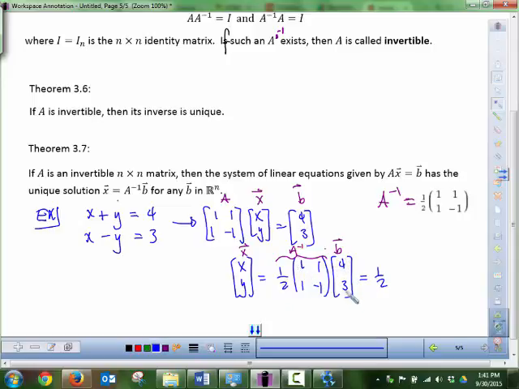So 4 plus 3 is 7. 4 minus 3 is 1, right? Did I do that right? So it looks like my answer should have been 7 halves and 1 half. Well, that's not what I was thinking. Does that work?